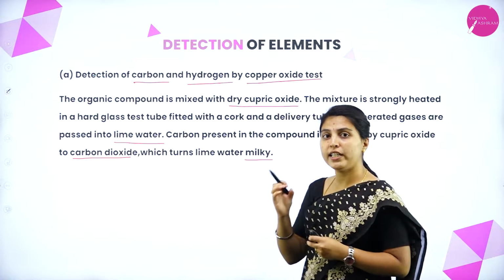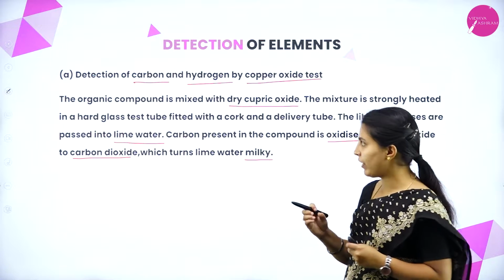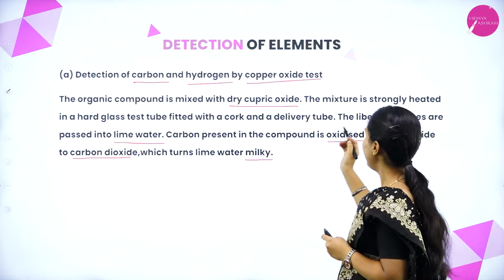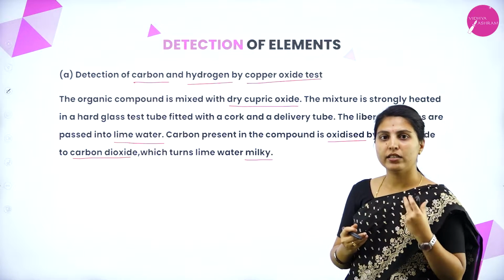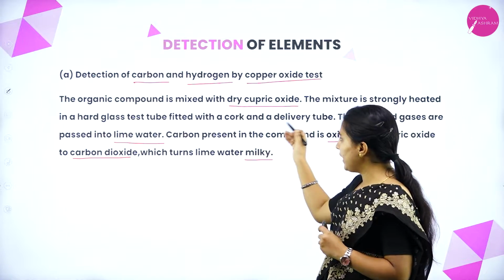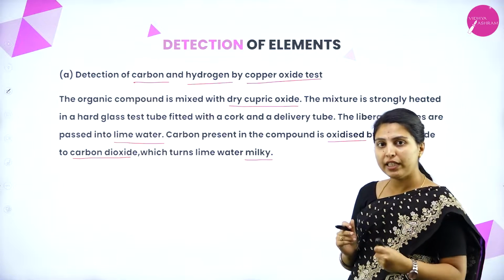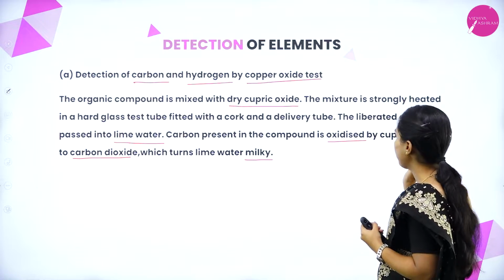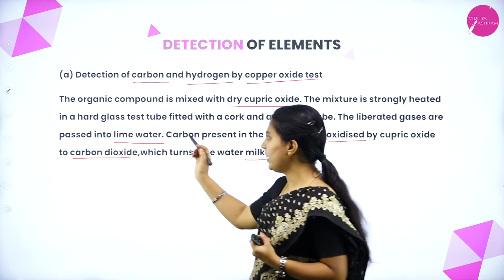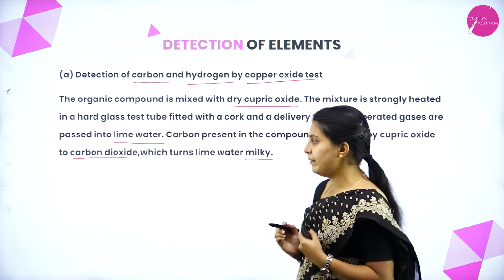Whatever organic compound has been synthesized or purified should be mixed with dry cupric oxide and heated in a test tube, with a cork, and it will liberate some gases. Those liberated gases should be passed into another test tube containing lime water.